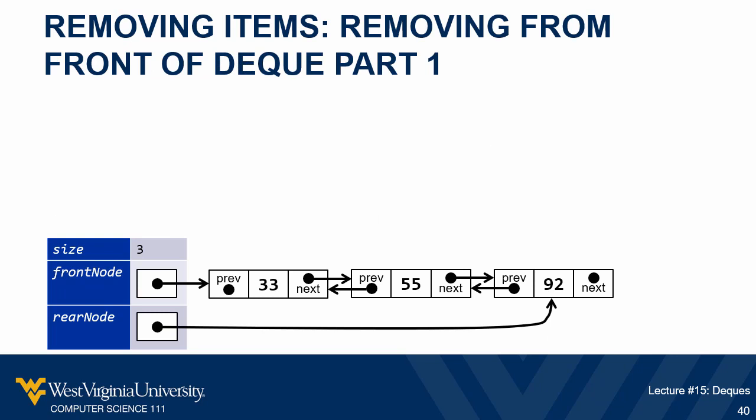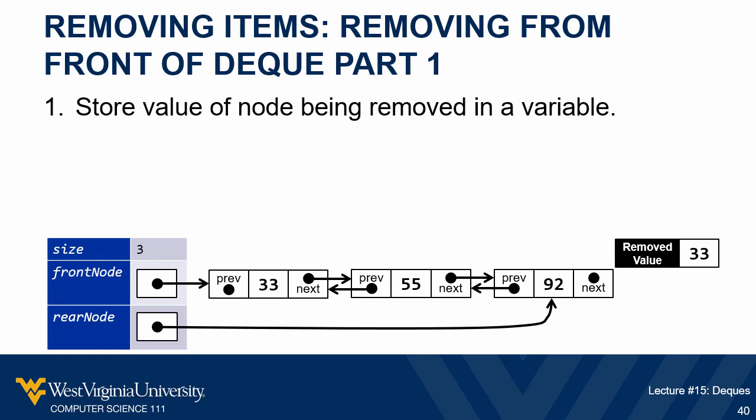The steps involved in removing an item from a deck when there are already multiple things in the deck, which means we'll still have at least one thing left after the removal, is a little bit more complicated. Let's take a look at what we need to do if we're trying to remove from the front of the deck. We're going to start off by creating a temporary variable that'll store the value from the front node that we're going to be removing.